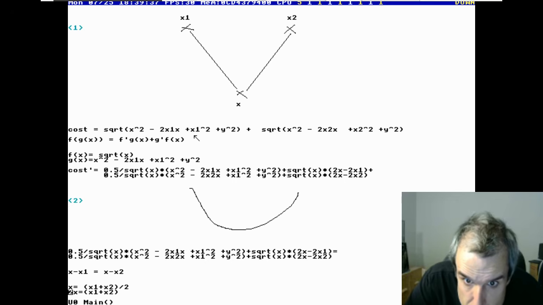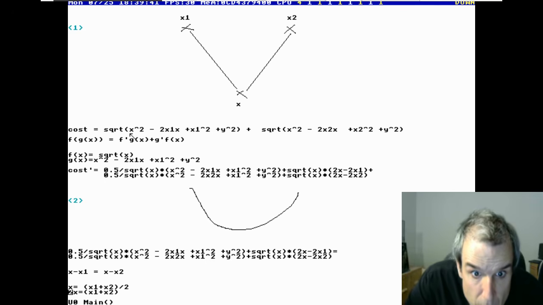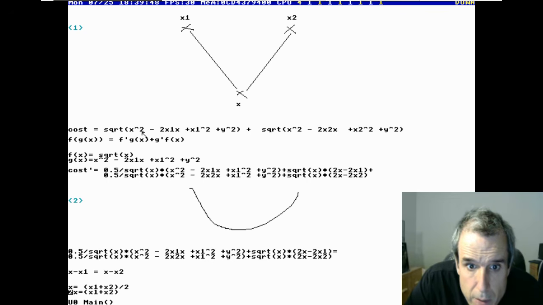It's just a matter of, let's see if we got this right. X squared. So this is x minus x1. This is correct. I am certain this is correct.